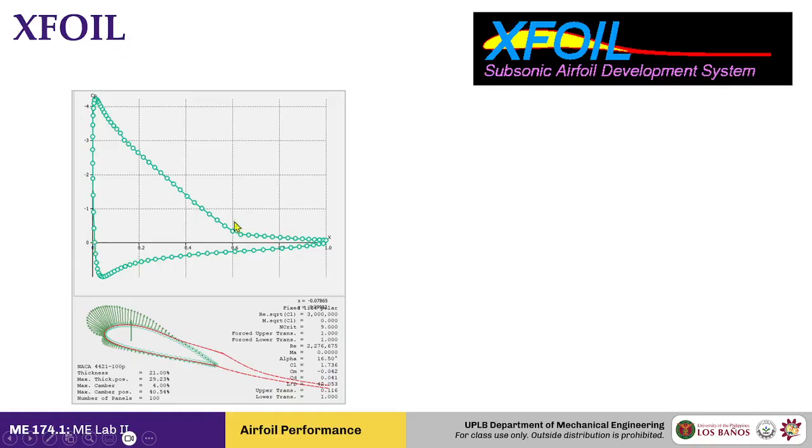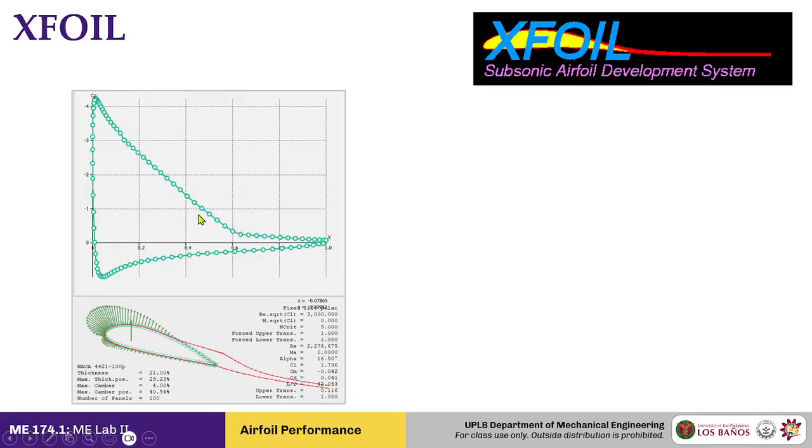Now you have two parts of this curve. You have the upper portion and you have the lower portion. So this indicates that the upper portion is experiencing a lot of suction, essentially. So the higher the upper surface curve is, the more suction it is experiencing at that particular area.